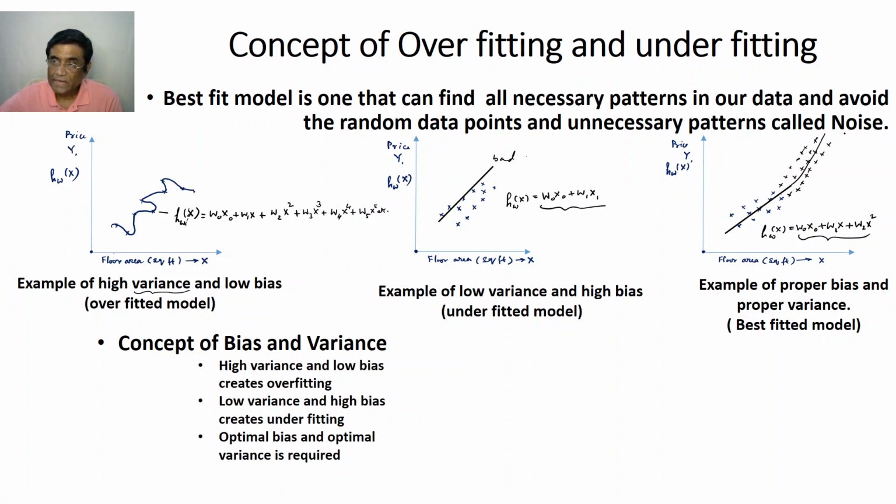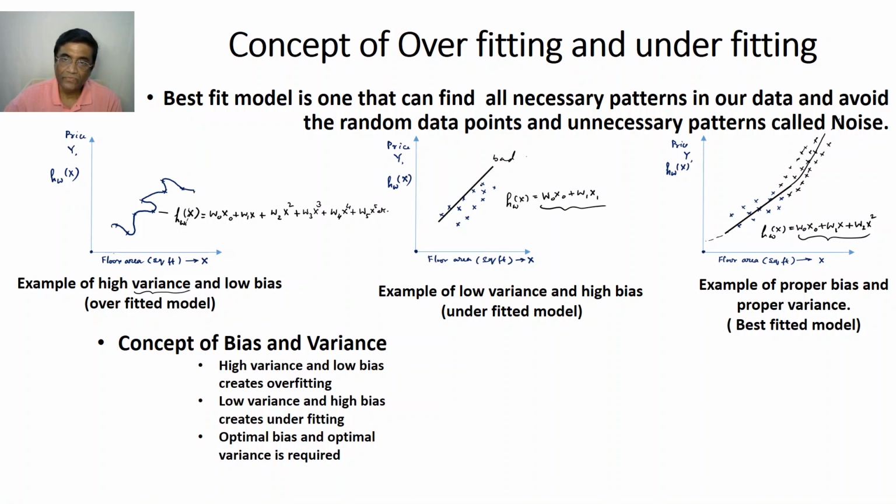It seems that 1, 2, 3 parameters with some parameters attached to the higher order feature will be sufficient to capture the pattern of the data, and it generalizes well, meaning in this zone it will predict well, and in this zone also, where I do not have data, it will predict well. So this is called the best fitted model, and it is also said that the model has proper bias and proper variance. So the concept is very simple.